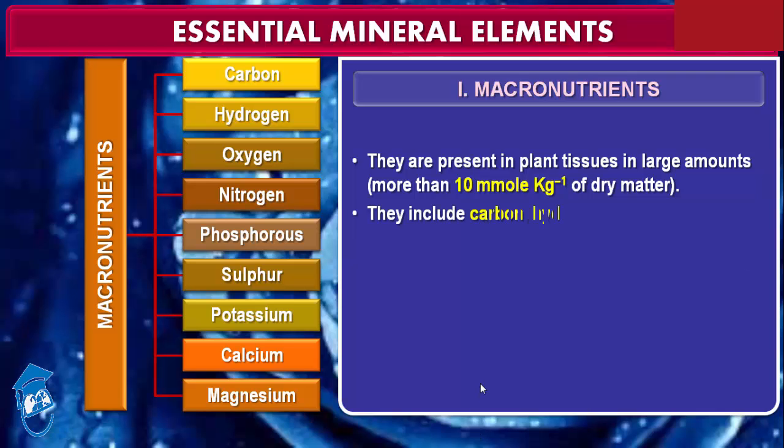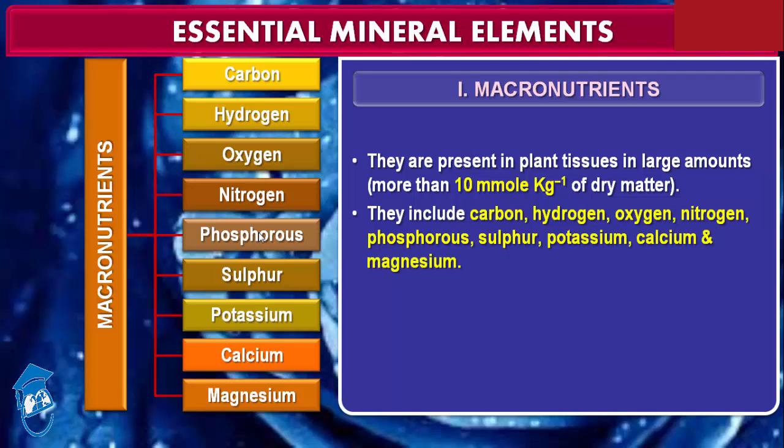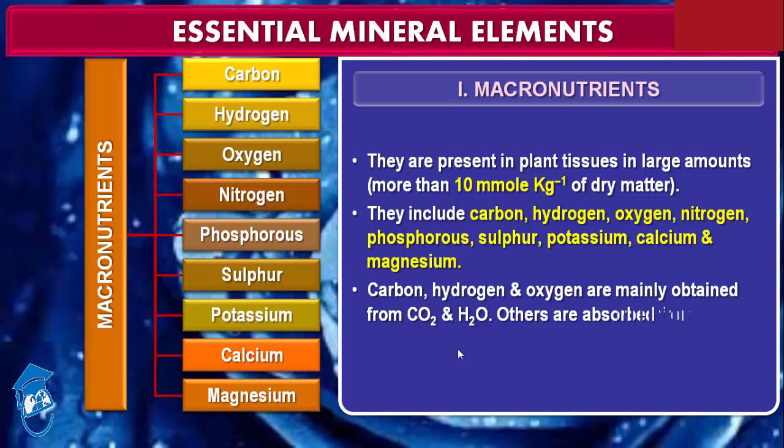Carbon, hydrogen and oxygen are mainly obtained from carbon dioxide and H2O. And others, nitrogen, phosphorus, sulphur, potassium, calcium and magnesium, are absorbed from soil as mineral nutrition, students.